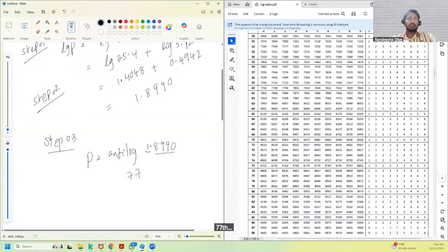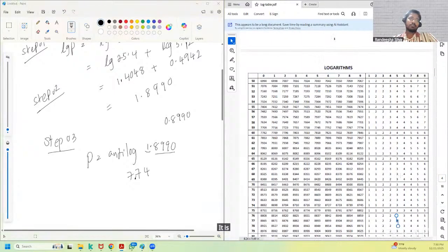We need to get the 8990, which is 3 remaining, so I'm taking it from the mean difference, 5th row, 5th column. And we have 1 in the characteristic, which means 10 to the power 1. Then it will be 77.45. Okay, so our answer is this, guys.